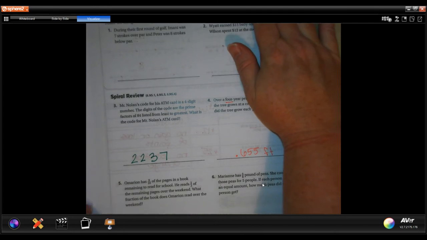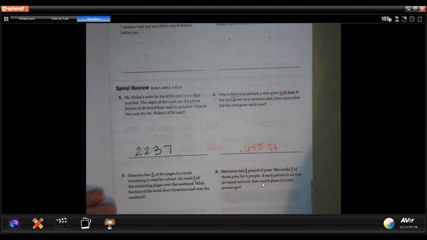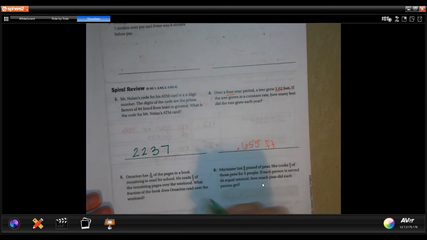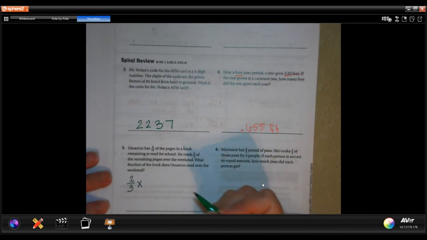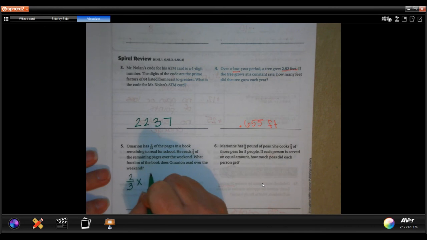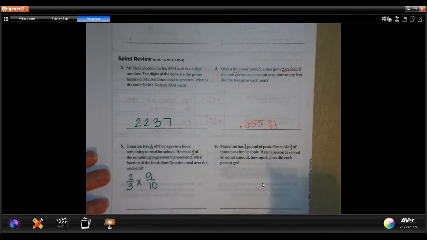Omarion has 9/10 of the pages in a book remaining to read for school. He reads 2/3 of the remaining pages over the weekend. What fraction of the book does Omarion read over the weekend? So he has 2/3 and of is multiplied, of those 9/10.